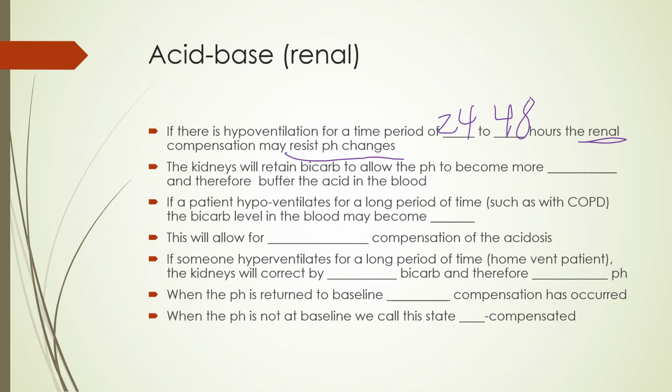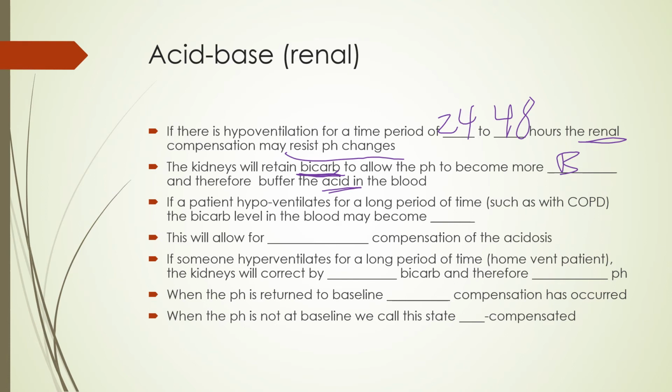Their idea here is, if you're in an acidosis, they're going to retain bicarb to help buffer that pH of the blood. And when they retain bicarb, it will allow the pH to become more basic or alkaline. And therefore if the blood's acidic, it should help buffer that. It should help neutralize that, so to speak, as much as it can.